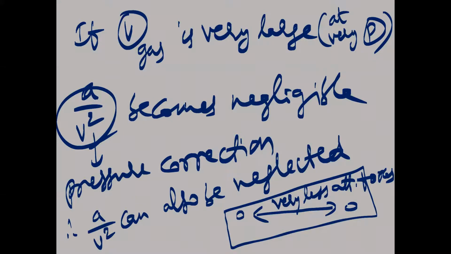That's why this value becomes very small and hence A by V square can be neglected. So pressure correction can be neglected here at very low pressure. Is the concept clear?